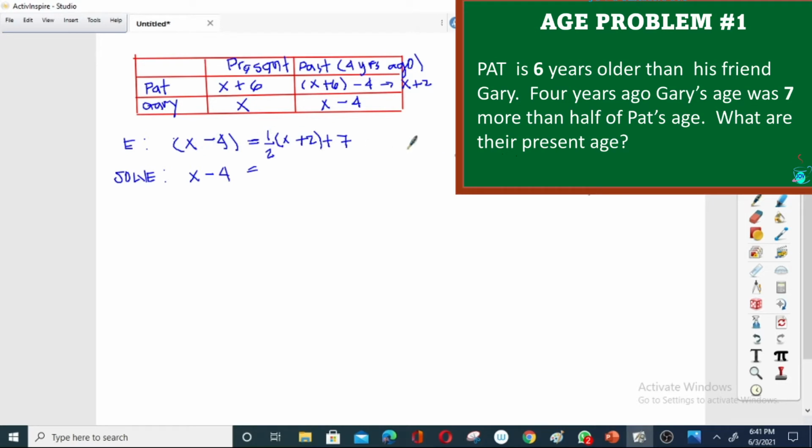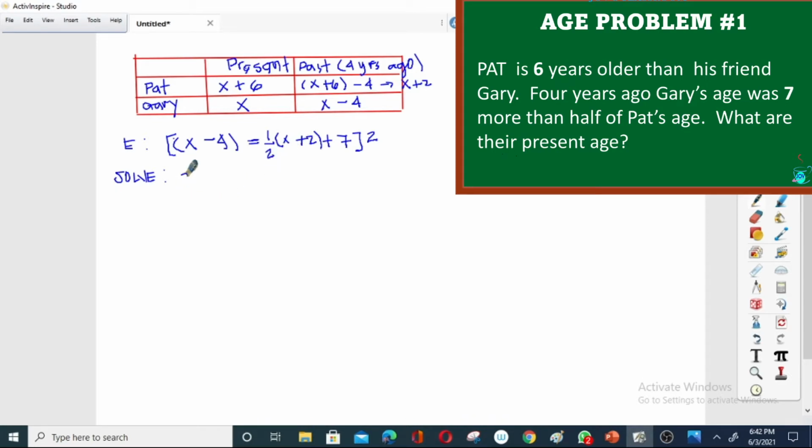By the way, to simplify it easily, since there is a fraction involved, let us multiply both sides by 2 to cancel the 2 here.